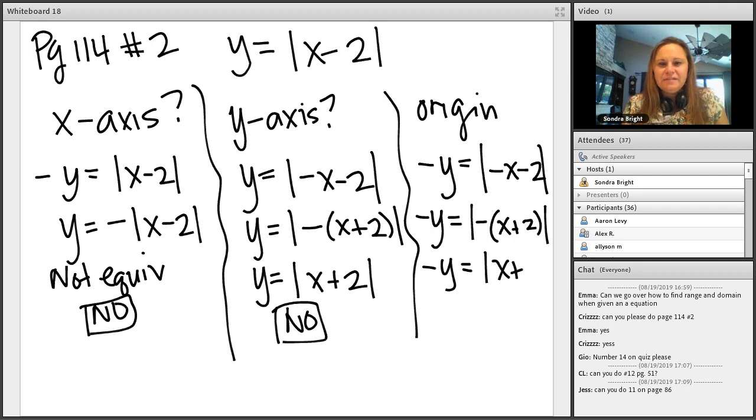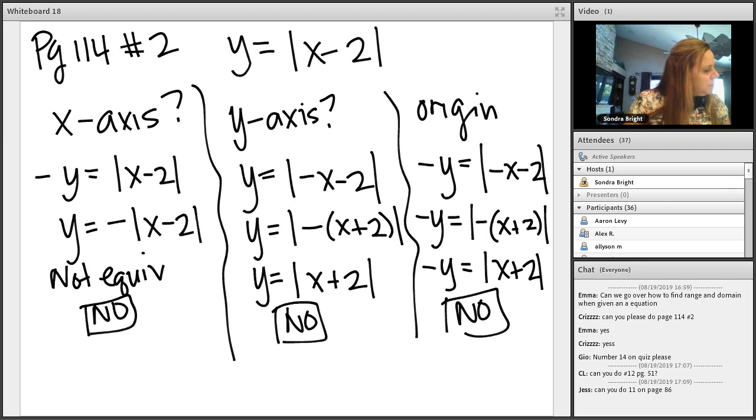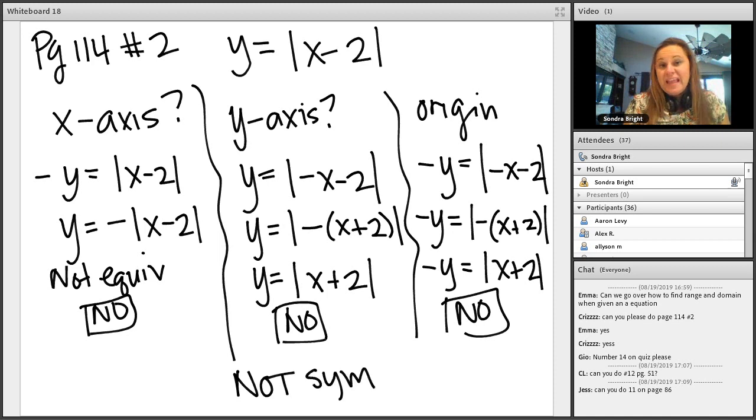So you'd have that, that's equivalent, but then you could throw the negative in front. Anyway, this is also not equivalent. So there were no, not symmetric to the x-axis, y-axis, or the origin.